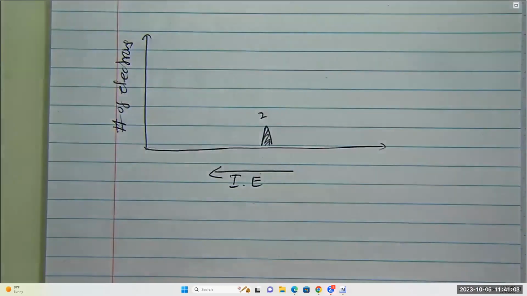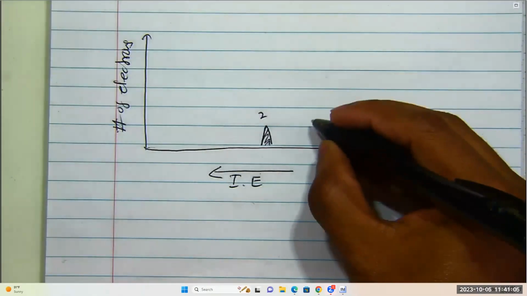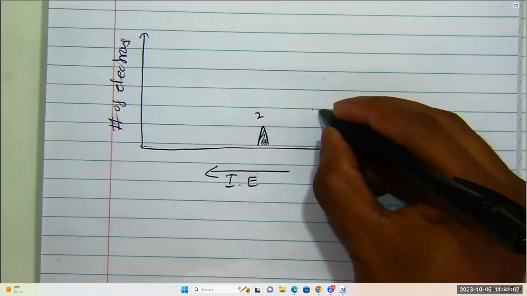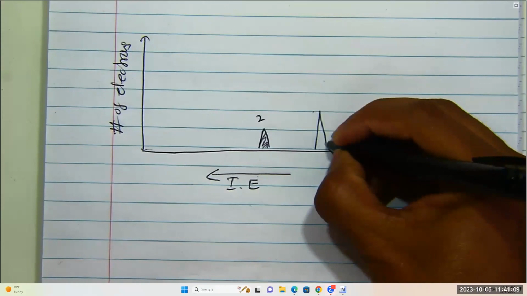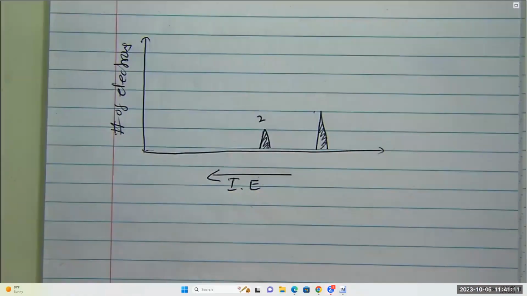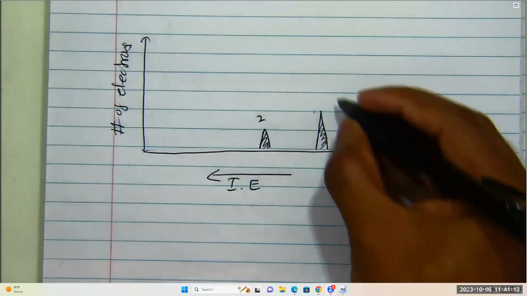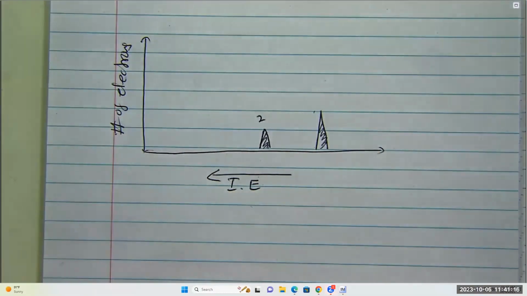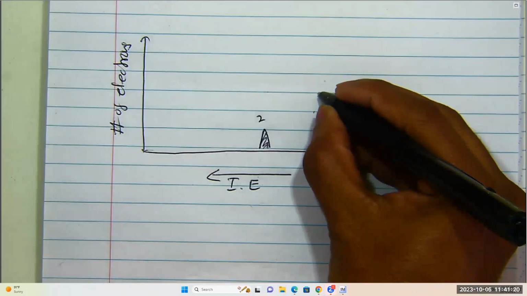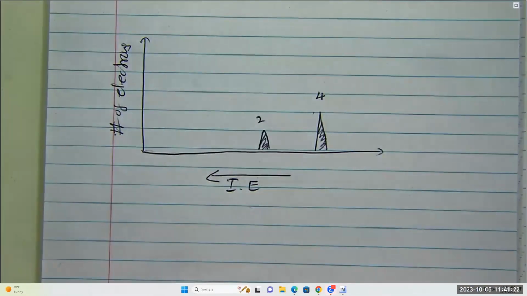In the second shell, I have 4 electrons, so I should see a peak twice as tall as the first one. Altogether we have 6 electrons in carbon, so the 4 remaining electrons will be in the second shell. This is what we expect according to the shell model. What questions, concerns, comments do we have?